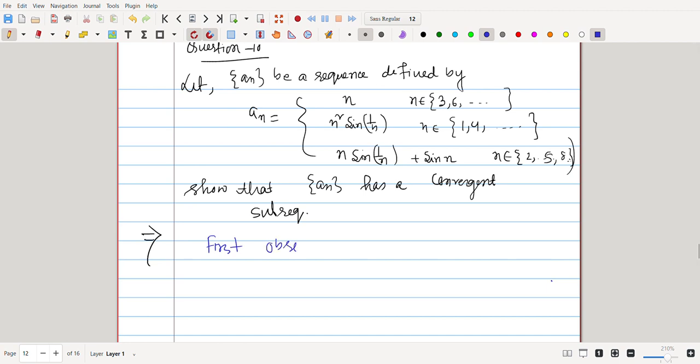First observe that we know limit x goes to 0 of sin x by x is 1, right?